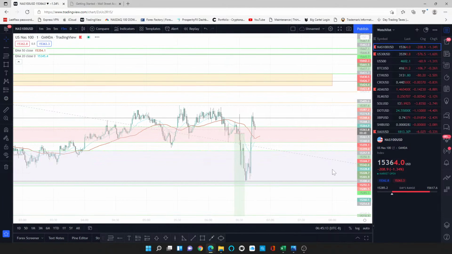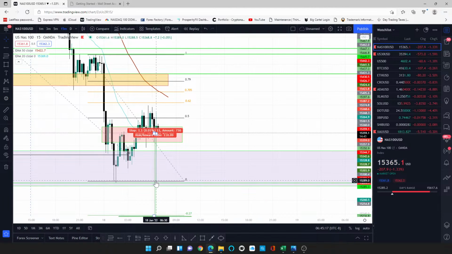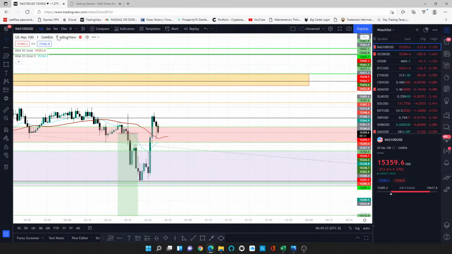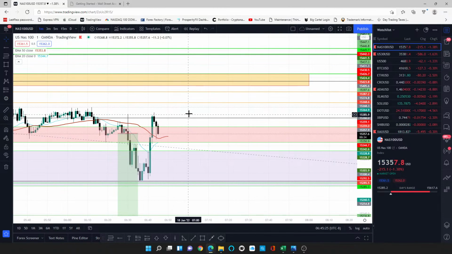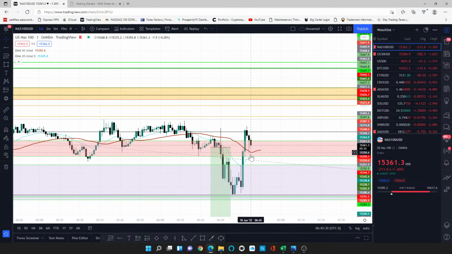Let me just show you guys how the 15-minute finished. This is one huge wick, right? See what it does right here. If it keeps using this as a resistance, a support level, might be seeing it push up.